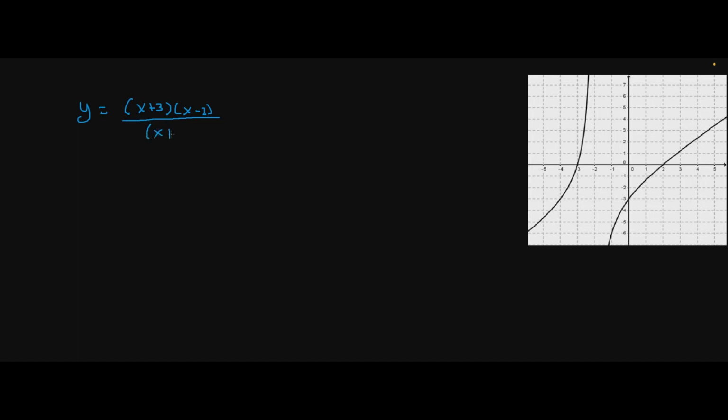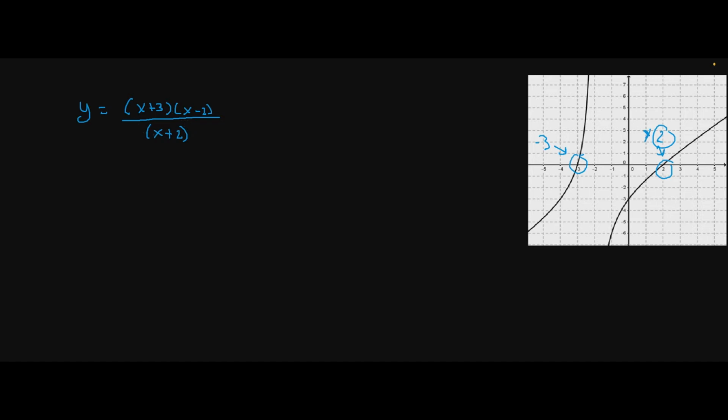Now what if we want to find the x-intercepts for a function like this? We know our x-intercepts are right here. One happens to be at -3, and we have another x-intercept right there, which happens to be at 2.